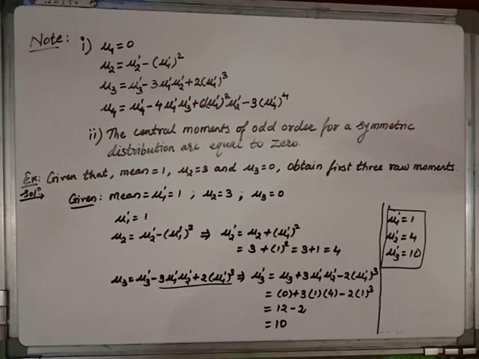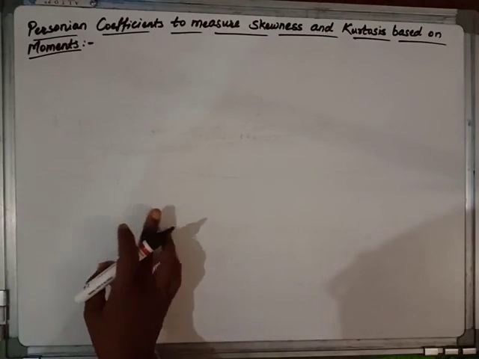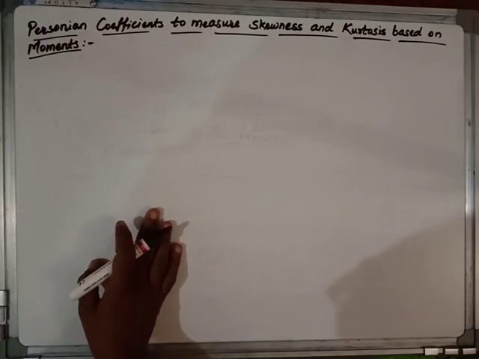Next thing, let us see the Pearsonian coefficients to measure skewness and kurtosis using moments. So what are the results for them? For measuring skewness and kurtosis and for studying the form of a frequency distribution, Karl Pearson has suggested some coefficients which are independent of the units in which the data are expressed.